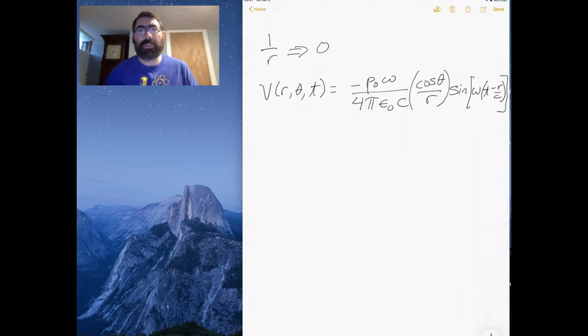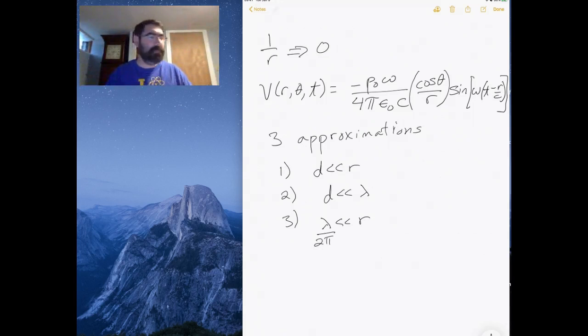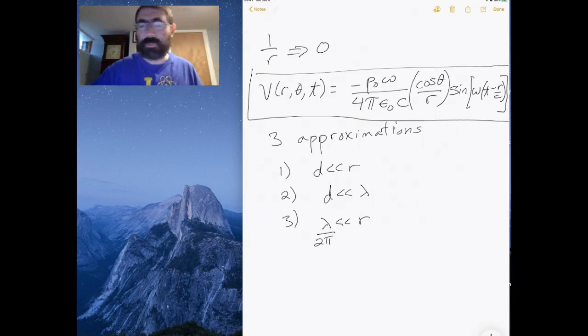So to do this derivation, we've basically made 3 approximations, which were that d is much, much less than r, that d is less than lambda, and that lambda is much, much less than r. Okay, so in doing so, we now have a form of the electric potential.